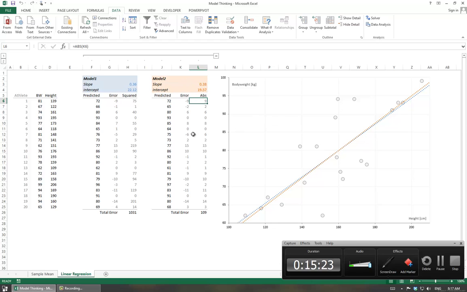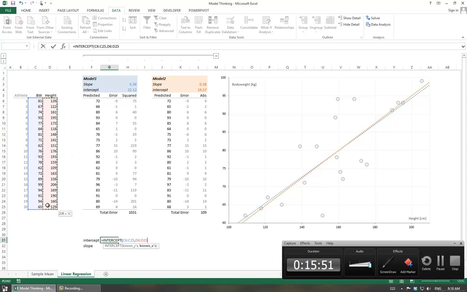If you create a linear model, let's say like this, intercept and slope, we're going to use a formula in Excel. Intercept, y is our body weight, and x is our height. And we want to find a slope.